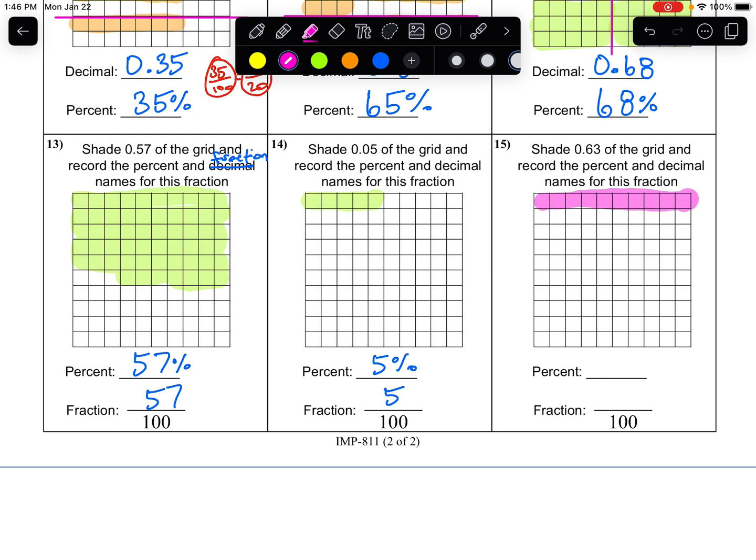So that's 10, 20, 30, 40, 50, 60, and then 3. Okay, there we go. Didn't do the best shading job, but I tried. So 63 hundredths is 63%.